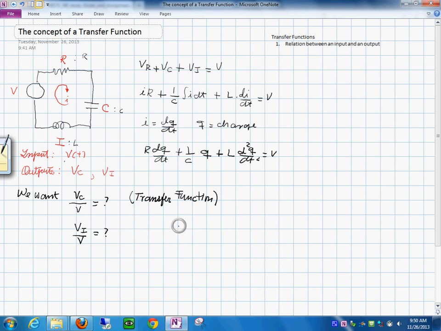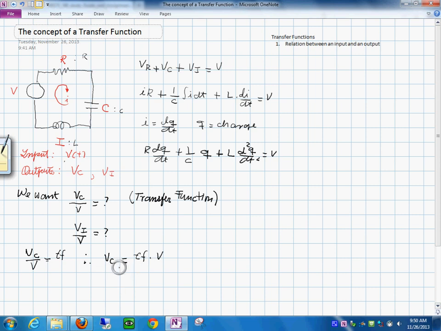Okay, so it follows that if you have this relationship, think about this. If you have, let's put it this way, V of C divided by V, this is the transfer function like that. Consequently, isn't it true that the output C could be the transfer function multiplied by V, right?